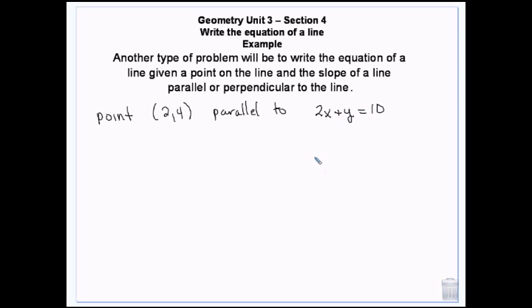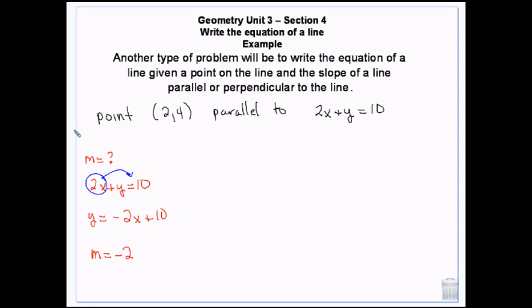Okay, so first I want to find the slope of 2x plus y equals 10. So I'm going to take that equation and put it into slope-intercept form. So I'm going to take this 2x and move it over, which makes it negative. So my slope is negative 2.